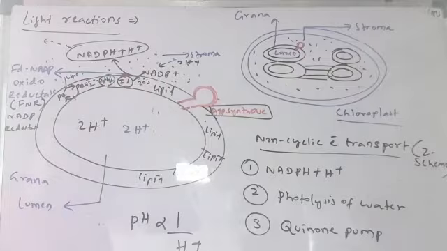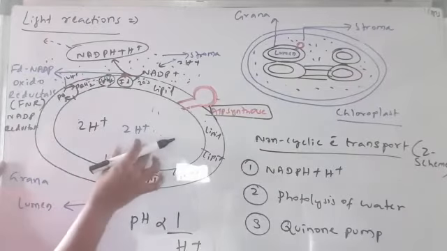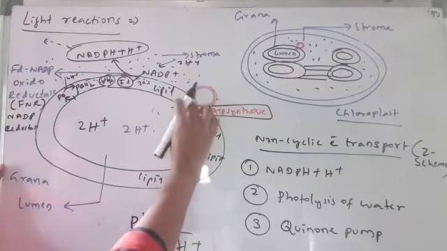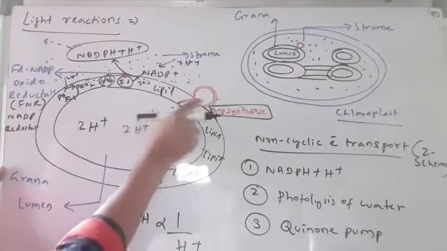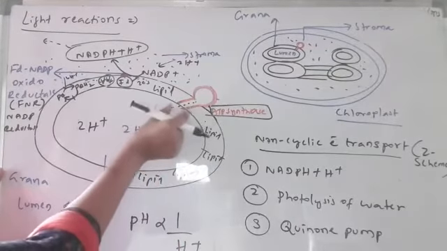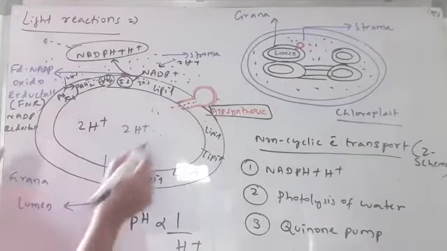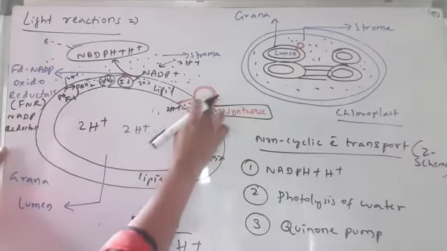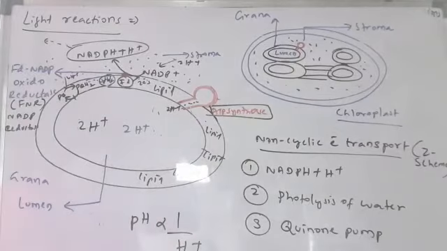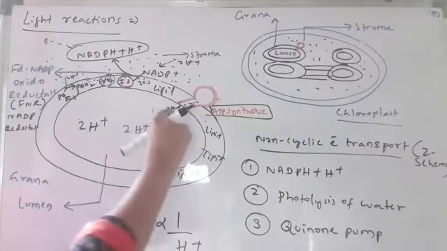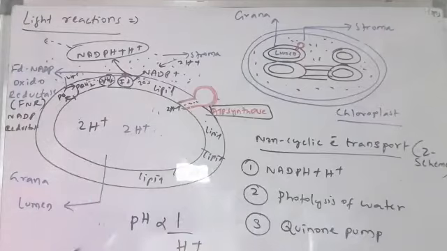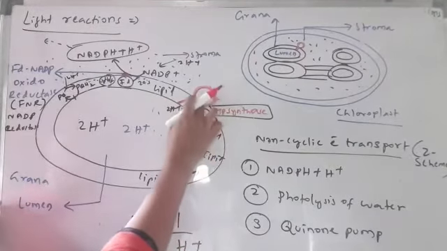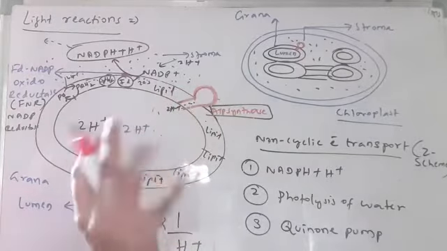Now these protons start moving through this channel, this tail part, because it is providing passage for the protons. Now 2 protons started moving. When the protons move, a force is generated, and because of that force this head part got rotated.